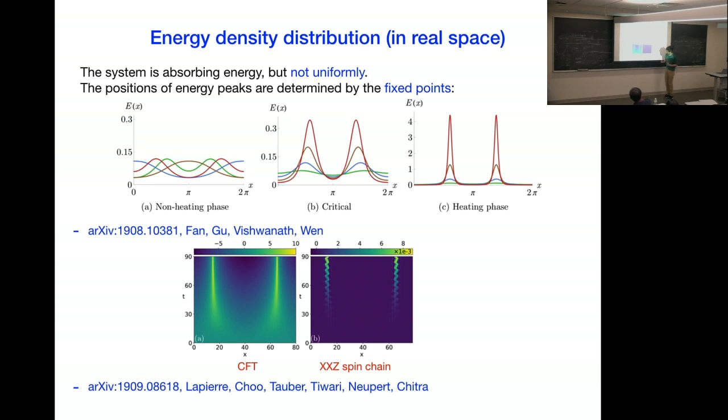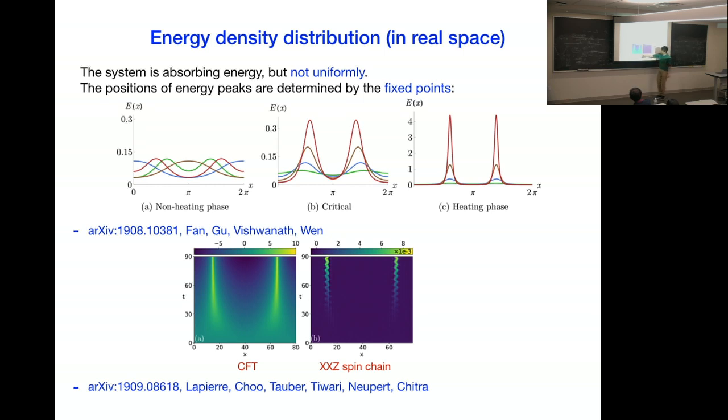And in another paper, this one, which studies exactly the same setup, this is the real space x. This is time t. The color means the amplitude of this energy density.